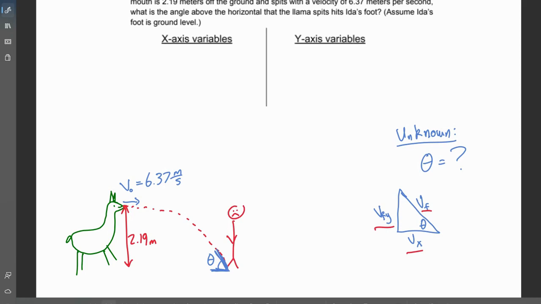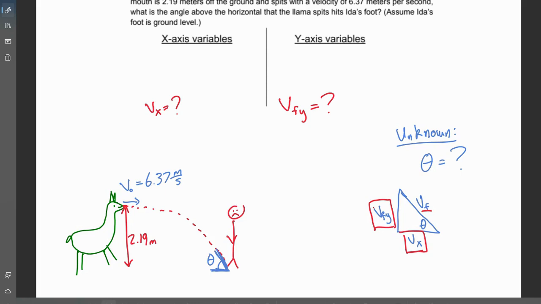Well, we're not given v final, and as you might have noticed in the last problem, to get velocity final, we have to use v final y and vx. So let's just skip a couple steps and solve for vx and v final y. So vx equals question mark, v final y equals question mark. Those are going to be our unknowns.